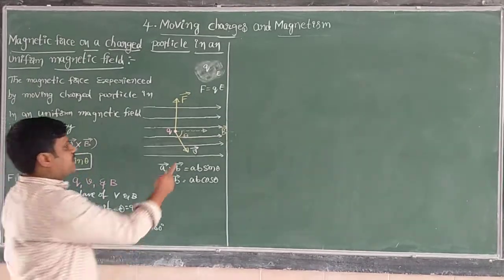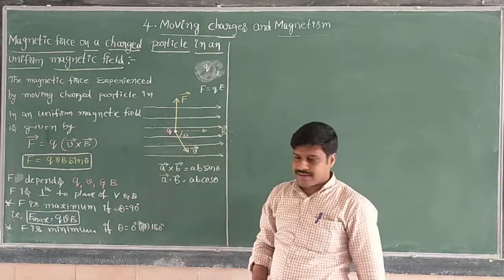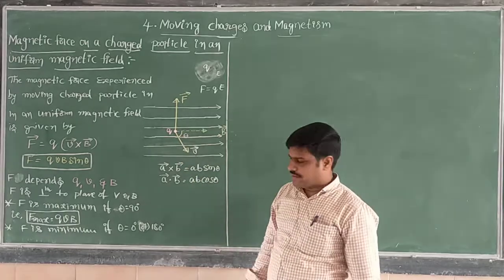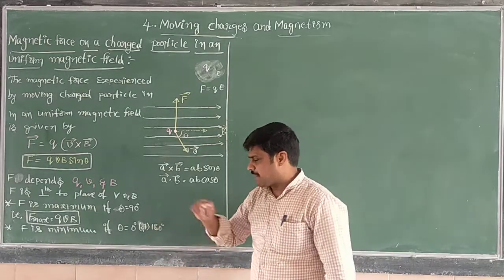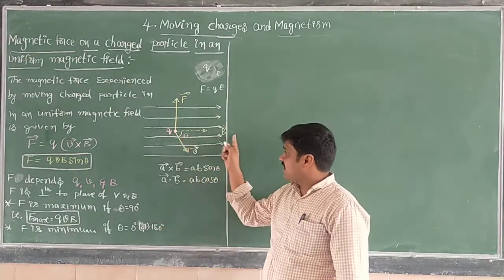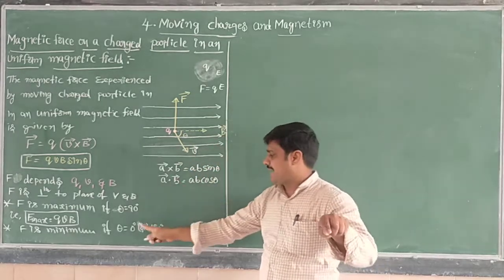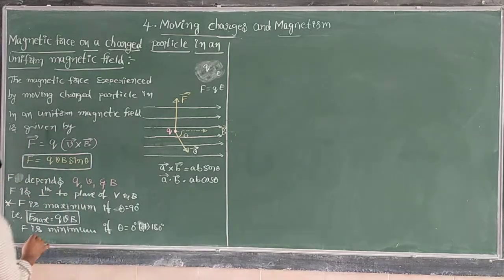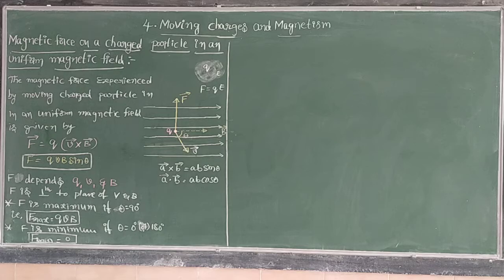That means for the direction opposite to the magnetic field, theta is equal to 180 degrees. If the charged particle is moving in the same direction as the magnetic field, both are in the same direction, the angle is 0, so the magnetic force is minimum. F minimum is equal to 0, we can write here.